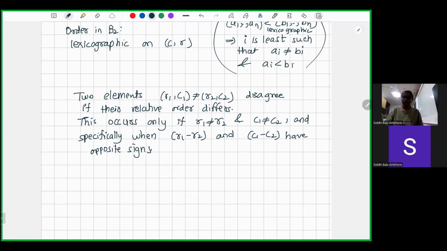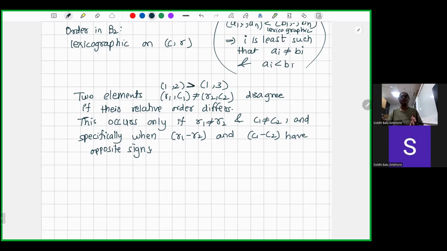That is, for example, if this is 1, 2 and 1, 3, and we are talking about B1, this is how it is placed in B1. Similarly in B2, it will be placed second column first, so it will be placed like this.